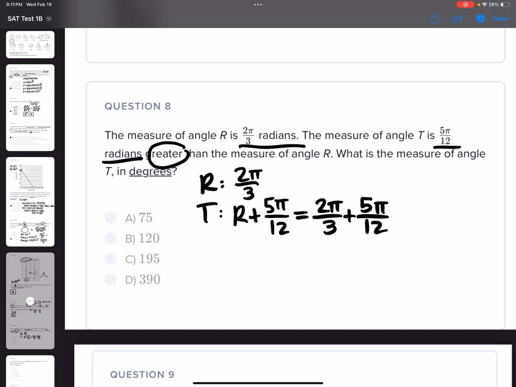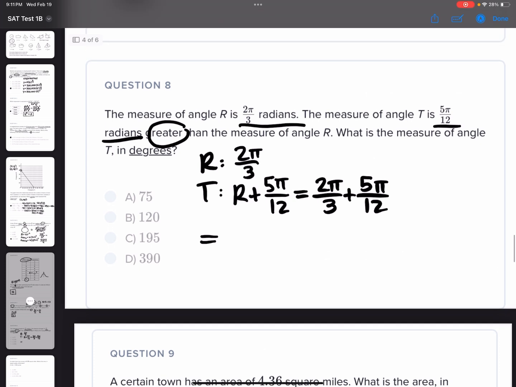And that common factor would be 4, my bad, meant to say 4, right? We multiply the top and the bottom, numerator and denominator, by 4, get 8 pi over 12 plus 5 pi over 12 equals 13 pi over 12.